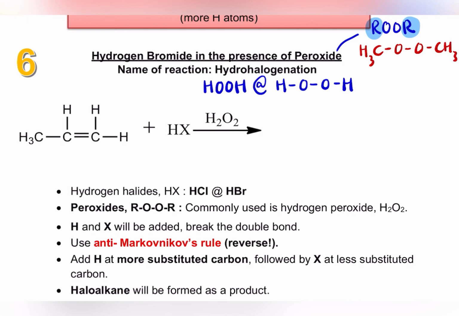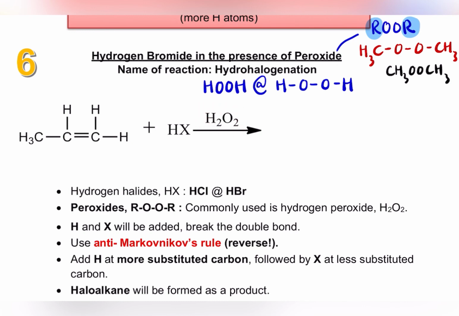And you can write it down in a simpler form, CH3OOCH3. So usually these two peroxides can be used in hydrohalogenation for this reaction. So let's get back to this reaction where you got your alkene. You are going to react the alkene with hydrogen halide, either HCl or HBr, and you must put H2O2 or your peroxide.